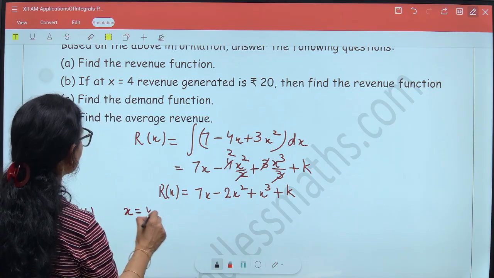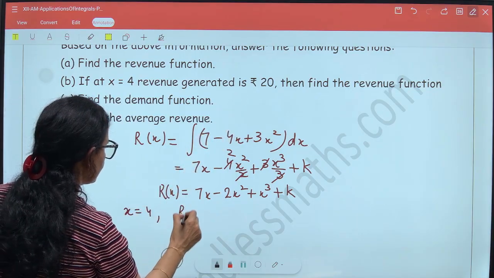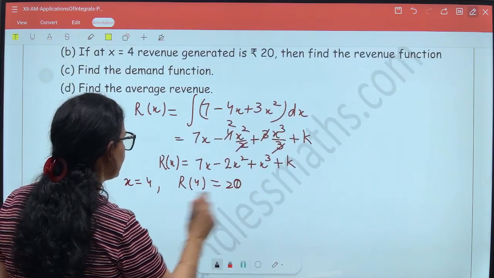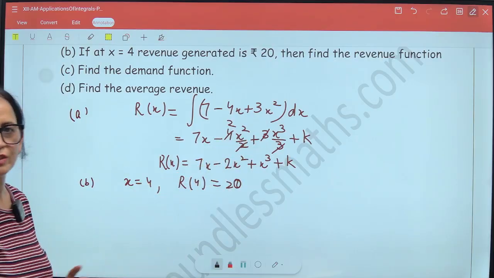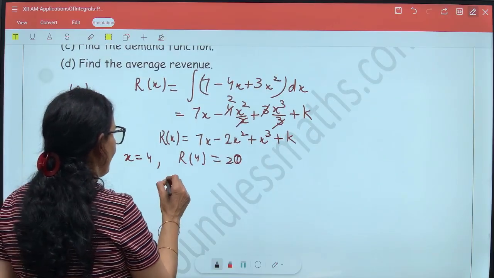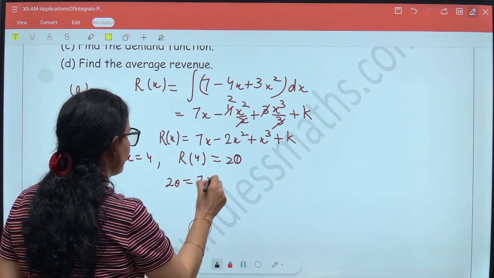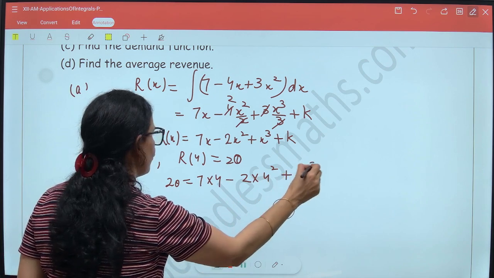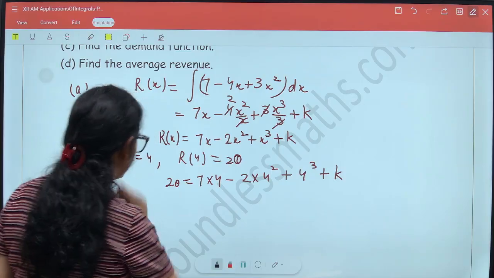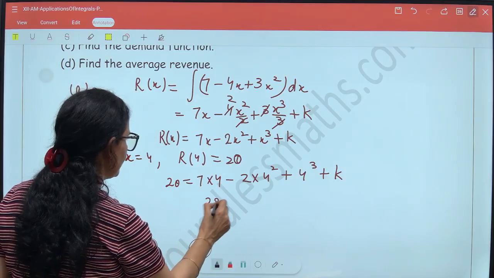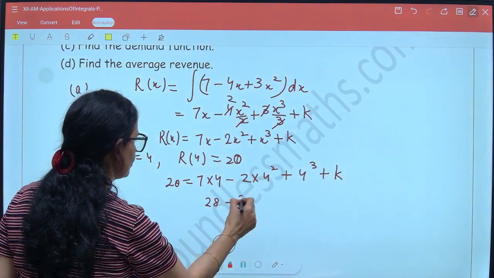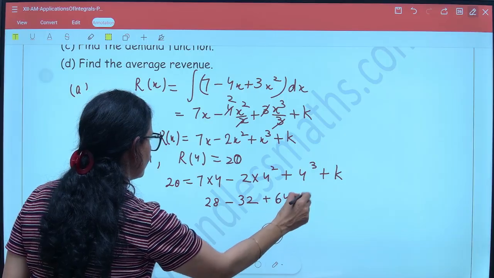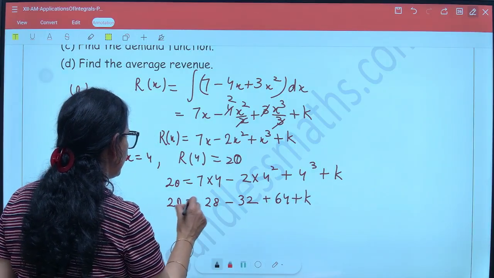Next, part B says if x is 4, the revenue generated is 20. So that means we need to use this information to find the value of the constant. So 20 is equal to 7 into 4 minus 2 into 4 square plus 4 cube plus the constant of integration. So 7 4s is 28 minus 16, 16 2s are 32 plus 4 cube is 64 plus k, and we have 20 here.